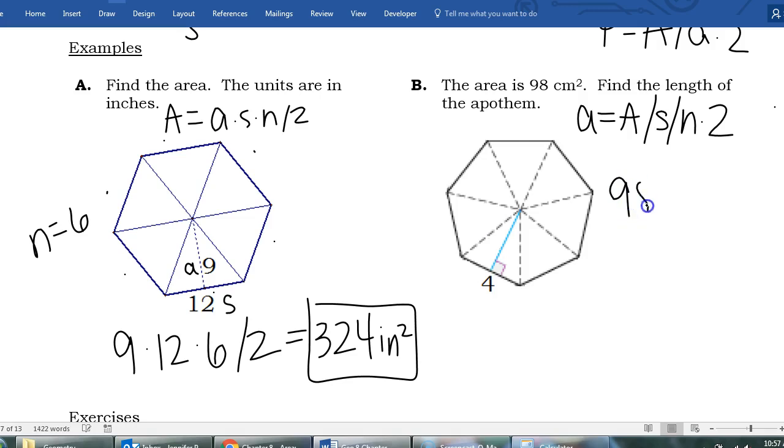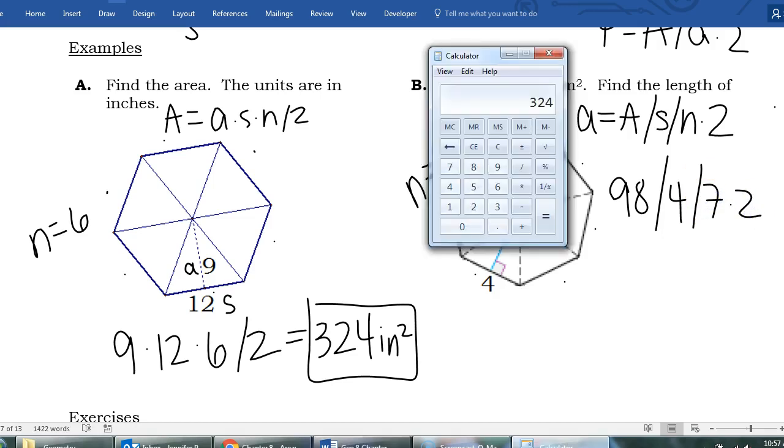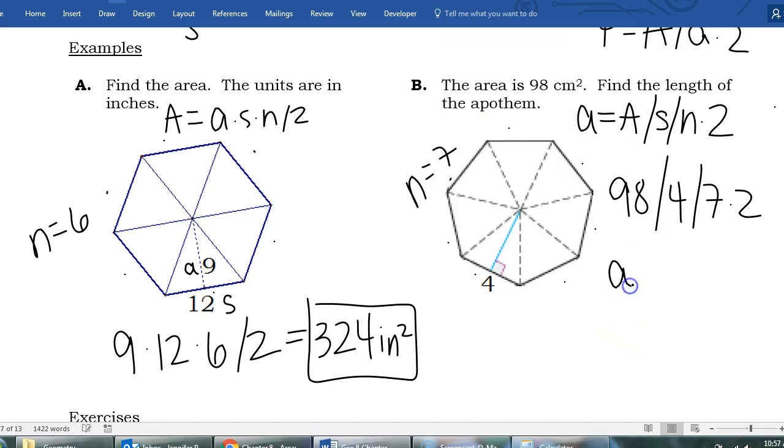So that'll be 98 divided by 4 divided by 7 times 2. We have an apothem length of 7 centimeters.